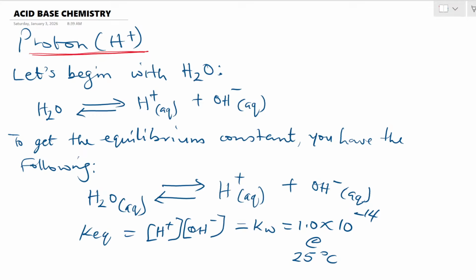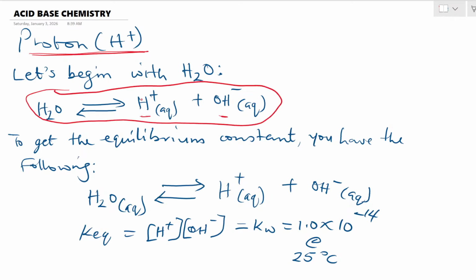So that is very key. You are given an equation, you want to know where the proton is headed. Very, very important that you know it is your proton that we said is freely floating around in solution.